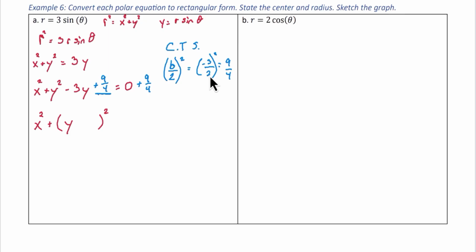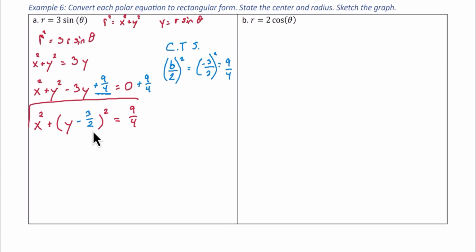The quantity b over 2 before we square it, in this case, was -3/2. So that's what goes in here. This is called a perfect square trinomial because when we factor this trinomial, we get 2 identical factors. And then this is equal to the right side, which is 9/4.